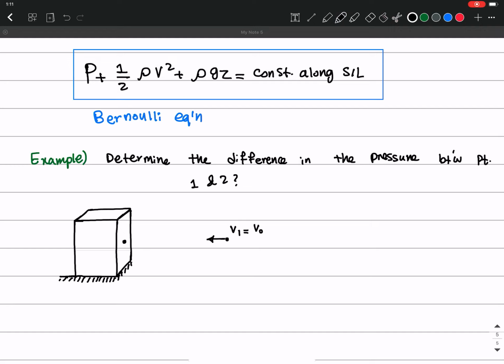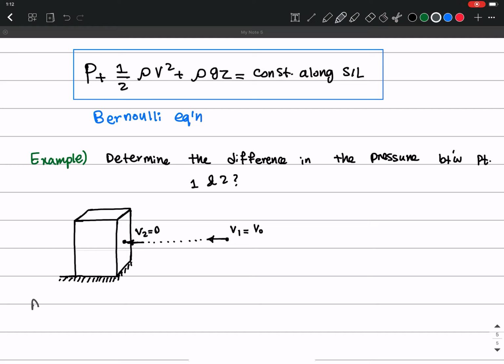This is point 1, and at point 2 this wind hits the building, and then here we have v2, which is equal to 0, based on the no slip condition, because this is over the wall of the building, so the velocity of the wind is going to be 0 right at the wall. Okay, so now if we have a wind blowing with velocity v naught, what is going to be the pressure difference between these 2 points? We want to find that.